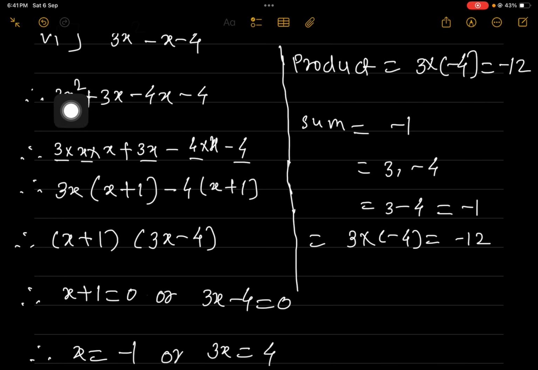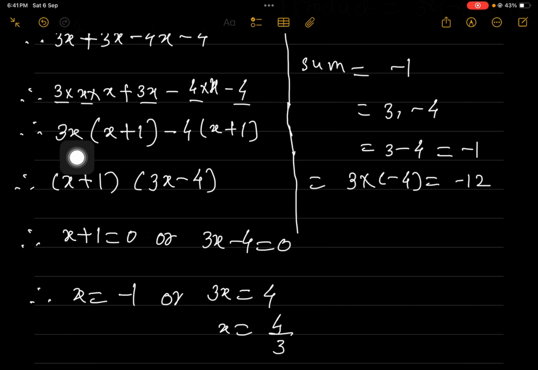So 3x square plus 3x minus 4x minus 4. So 3x into x plus 1, minus 4 into x plus 1. Now see, in 3x square plus 3x, 3x is common and comes out of the bracket. What remains is x, and plus 1.